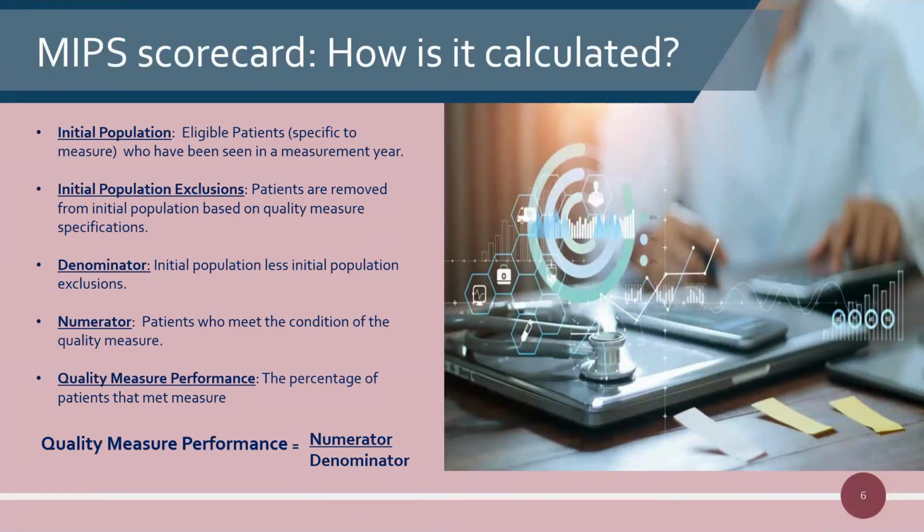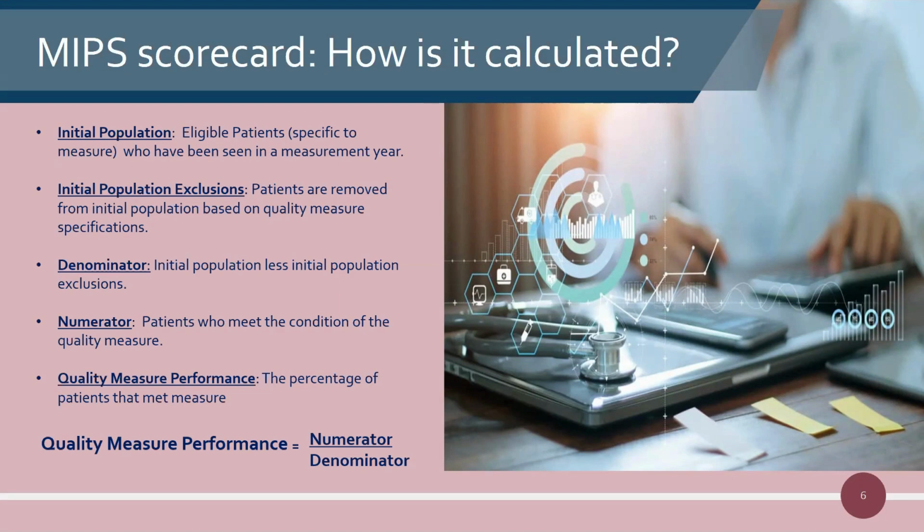Your MIPS quality measure performance is formulated by the percentage of patients that have met each measure. It starts with the provider's initial population of eligible patients who have been seen in the measurement year. This initial population is specific to each quality measure being calculated. Once that initial population is identified, patients are removed based on the quality measure specifications that meet exclusion criteria.